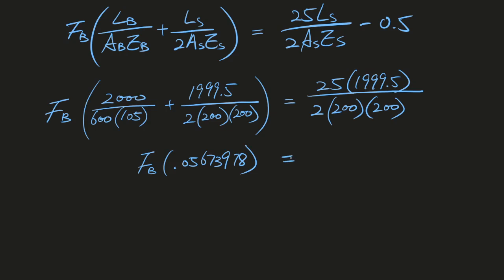The other side is 25 times 1999.5 over 2 times 200 squared. I get 0.64284375-ish, which gives me Fb is equal to 11.012.